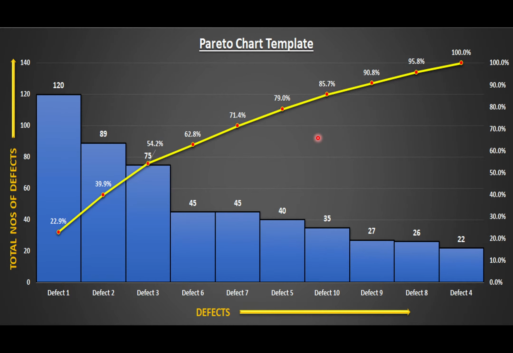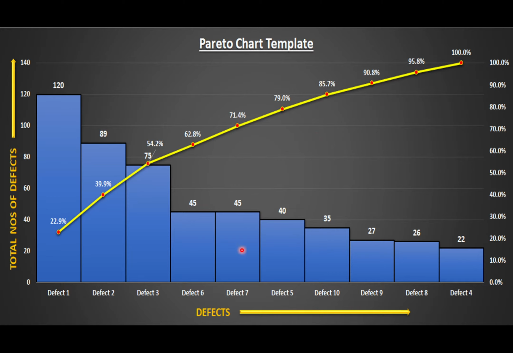This is how your tool will look like. If you see this graph, it has two axes. One is your type of defects, which is defect 1 to defect 10, and on the other axis you see the number of defects and cumulative percentage.